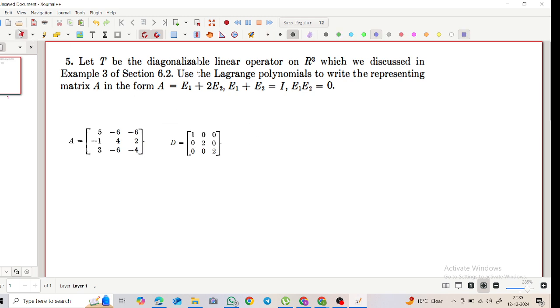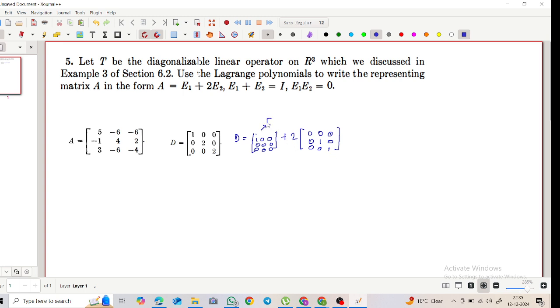I think we can write D as twice 0 0 0 0 1 0 0 0 1, right?